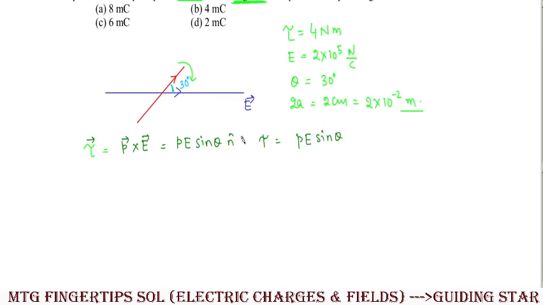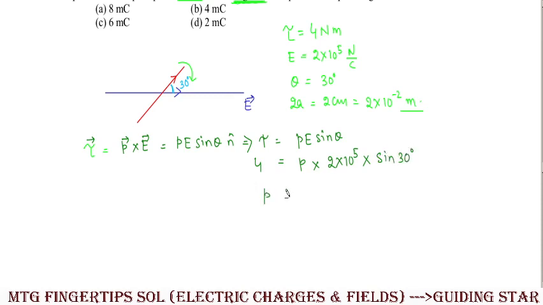Clear? So magnitude wise, how do we get this value? The torque is given as 4 newton meter. Dipole moment is not given, but electric field is given. Electric field is 2 into 10 to the power 5, and sin theta means sine of 30 degrees.